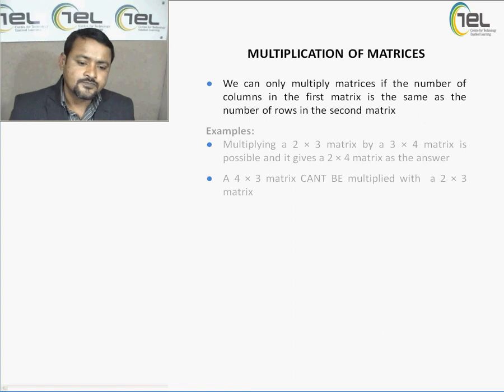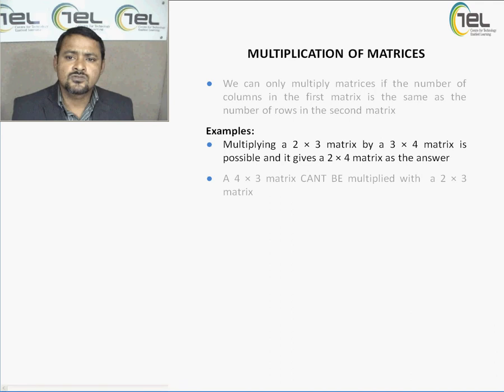Example: multiplying a 2 into 3 matrix by a 3 into 4 matrix is possible because the number of columns in the first matrix is exactly equal to the number of rows in the second matrix, and what we get is a 2 row, 4 column matrix, a 2 into 4 matrix.